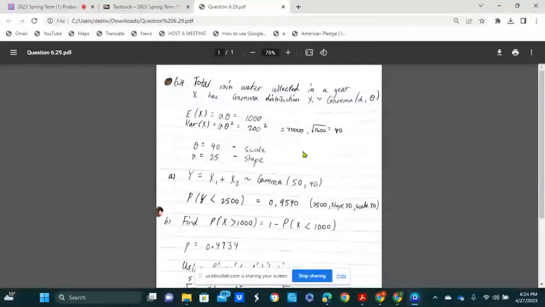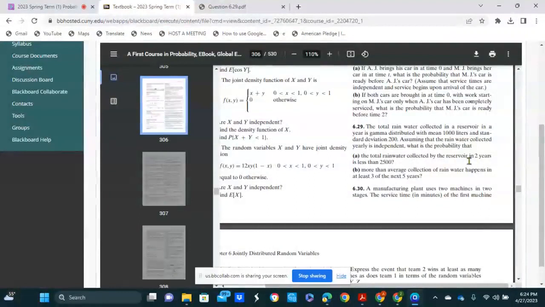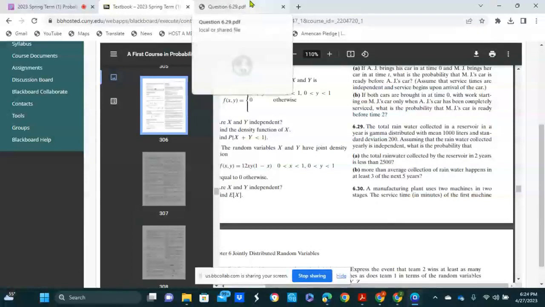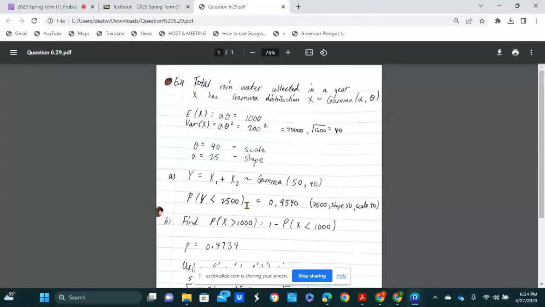Question A says the total rainwater collected is less than 2,500 in 2 years. So for the gamma distribution, the shape would be 50 for the 2 years, 25 times 2, and the scale would be 40.